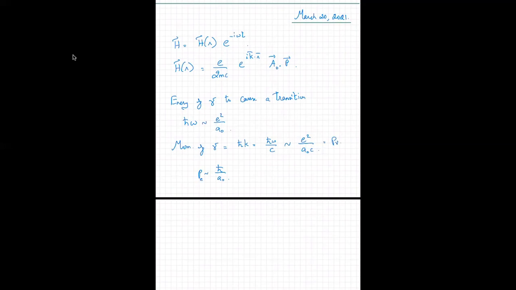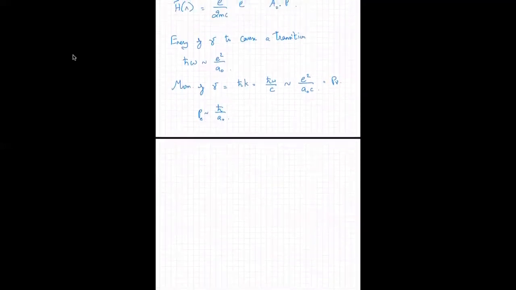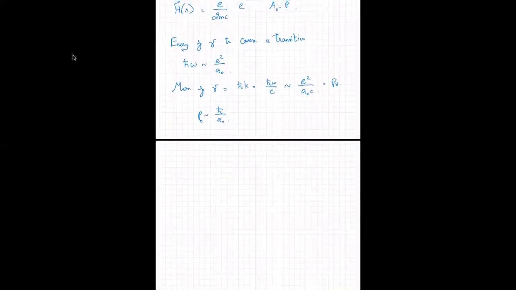All right. So the ratio of the momentum of the photon and the electron is p gamma over p_e. This is h bar k divided by p_e, and this is roughly equal to, excuse me, e squared over a0 c divided by h bar over a0.